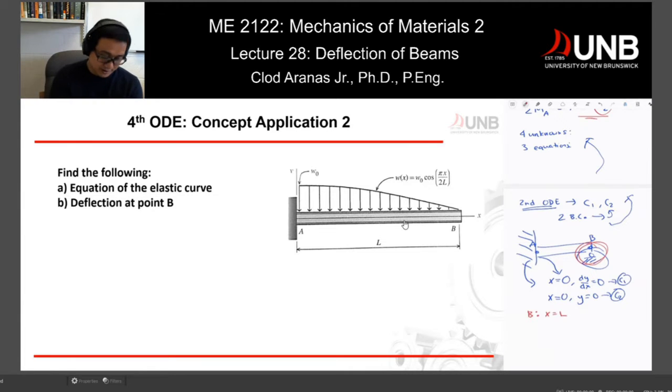At point B, x is equal to L. That would be y equal to 0. It's obvious right here because at point B, it cannot go up and down. There should be no deflection at point B. It should not change. So this extra boundary condition can be used to solve some of the indeterminate beam problems.